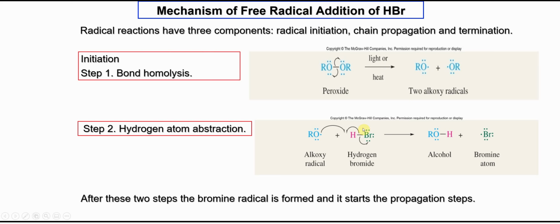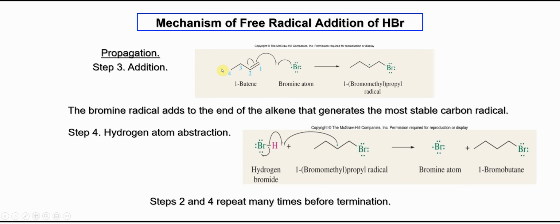And then your hydrogen halide, hydrogen is going to react with this radical. Hydrogen halide is also going to be subjected to homolytic bond cleavage. You form an alcohol and a bromine atom. So this step you call the propagation.